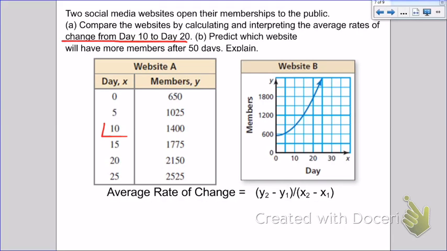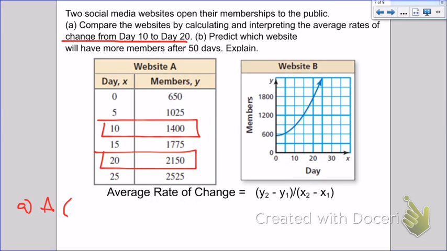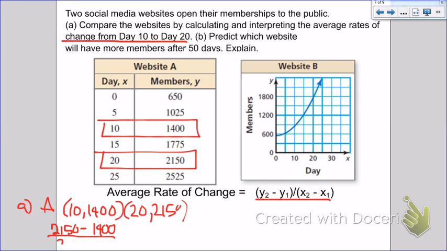For website A, we have the points (10, 1400) and (20, 2150). When we calculate the rate of change, we do change of y over change of x. So we take 2150 minus 1400 and divide that by 20 minus 10, which gives us 750 over 10, which is 75.